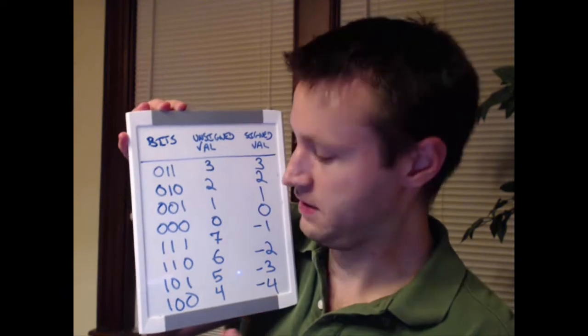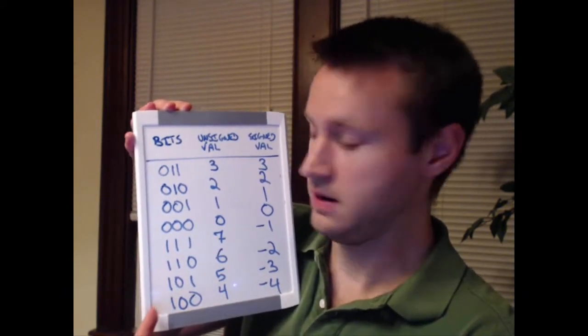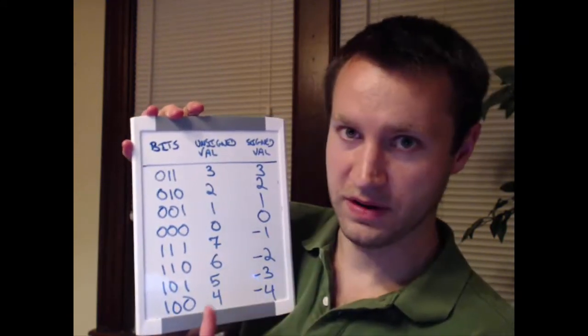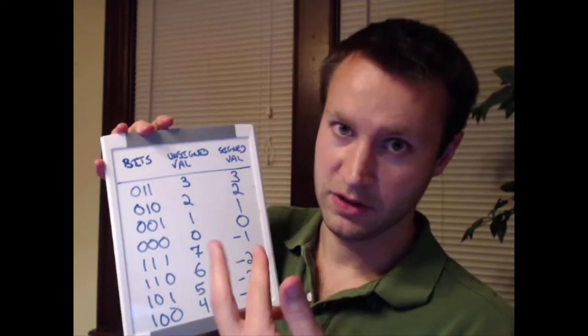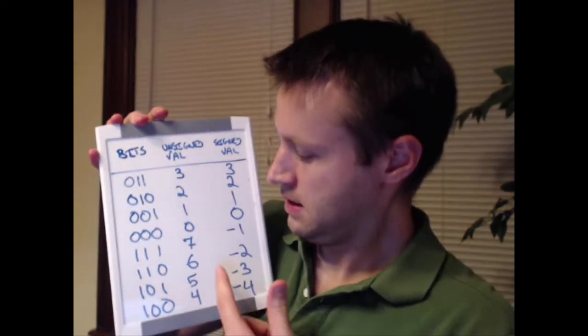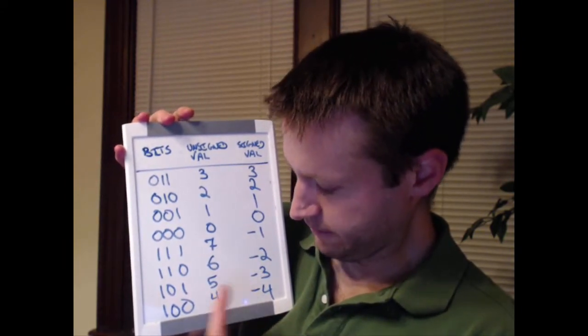Where it is different is for anything that has a 1 in the uppermost bit. That's where the numbers are different. In an unsigned number, 1, 1, 1 is 7. With a signed number, it's equal to negative 1, if you do invert the bits and add 1, that whole thing. 6, 5, 4, negative 1, negative 2, negative 3, negative 4.